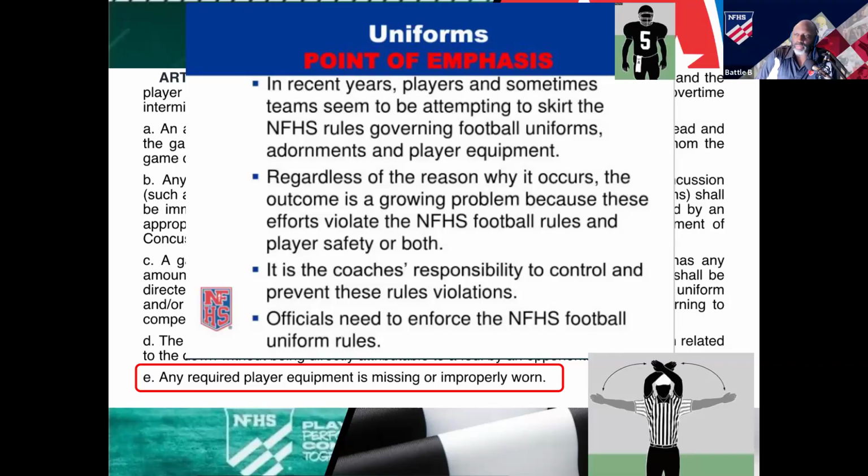It is the coach's responsibility to control and prevent these rule violations. Officials need to enforce the NFHS football uniform rules. And we see here in 3-5-10e, any required equipment missing or inappropriately worn, there needs to be an official timeout, and the player needs to sit out for at least one play or until covered.